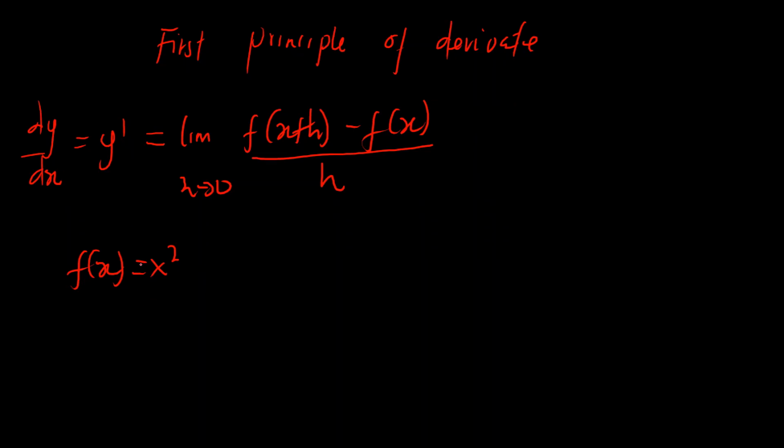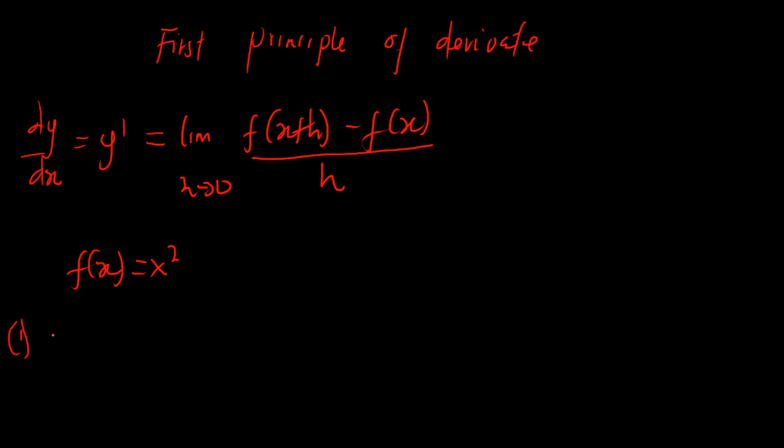Now, the question was very clear that we are to use first principle, and that is what first principle states. dy dx is equal to limit of f of x plus h minus f of x all over h as h approaches 0. So now, our f of x is x squared. We want to find f of x plus h. So now let's start solving.